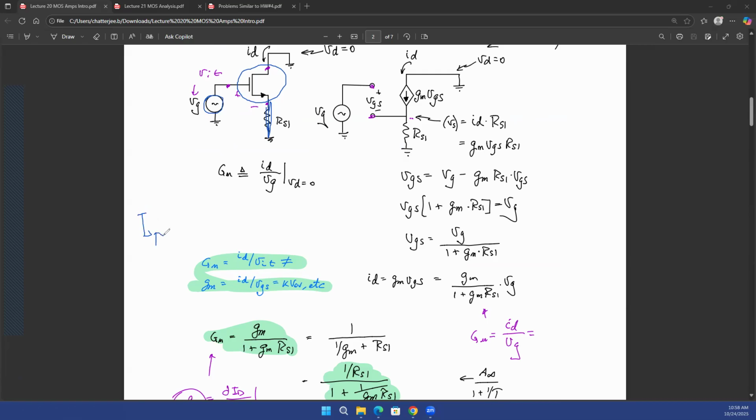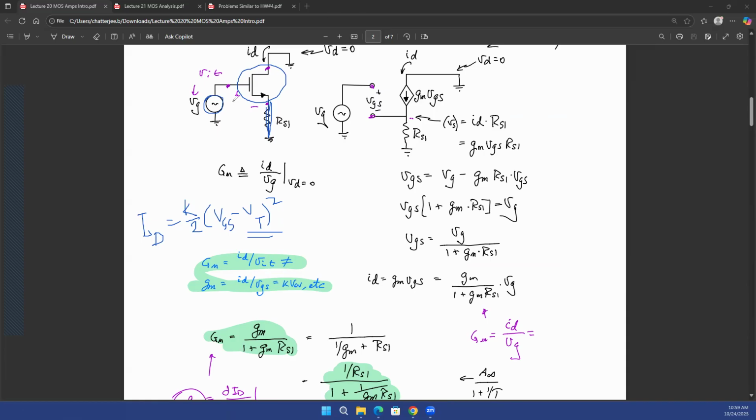ID is equal to K over 2 times VGS minus VT whole squared in the saturation region. The problem here is that you have this VT term, the threshold voltage term. And if your threshold voltage is different from his threshold voltage, you'll get a different DC biasing point than what he will be getting, just because you had nothing to do with it. It's just because the MOSFET that you bought has a different threshold voltage.